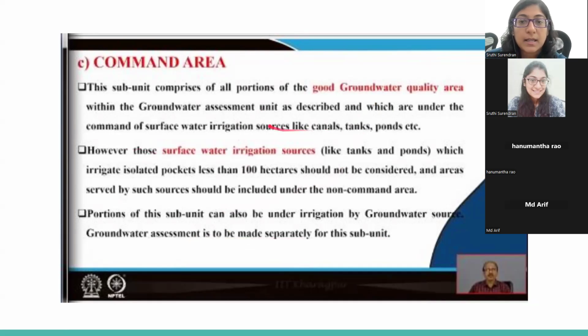These areas have good irrigation, coming under surface water irrigation, well irrigated areas. But isolated pockets that are less than 100 hectares, irrigated with surface water resources, should not be considered as one criterion for this command area. So those are two or three takeaway points for command area.